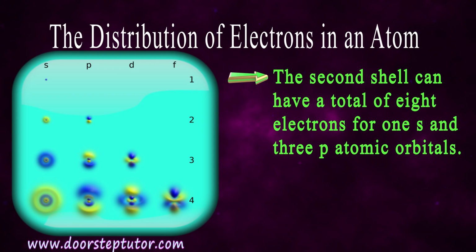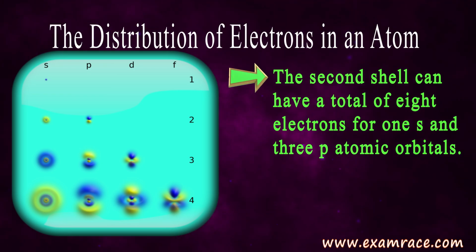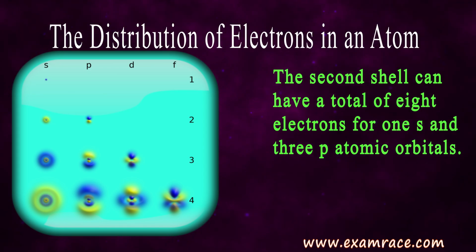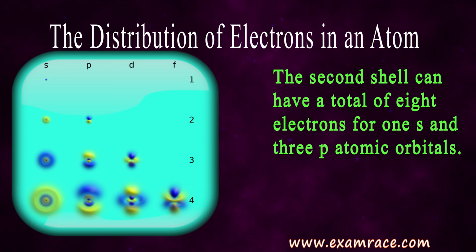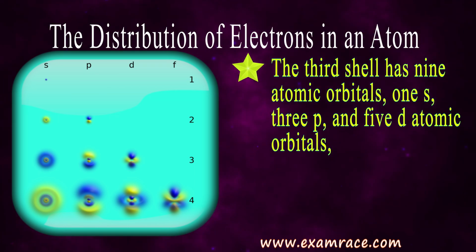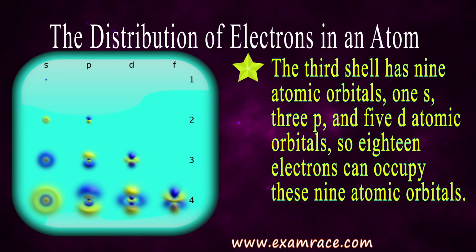The s will have 2 electrons and the 3 p atomic orbitals have 2 electrons each. So 3 times 2 equals 6, plus the 2 electrons of the s orbital will be 8 electrons. The third shell will have a total of 9 atomic orbitals, so 18 electrons can occupy these 9 atomic orbitals.